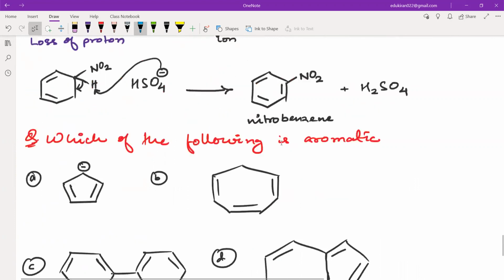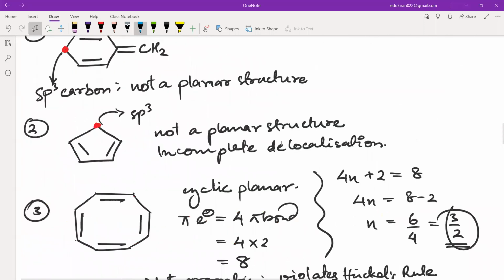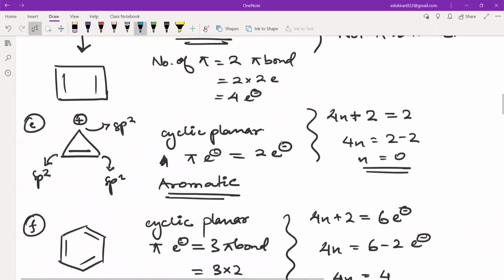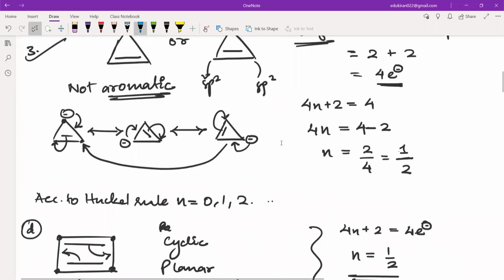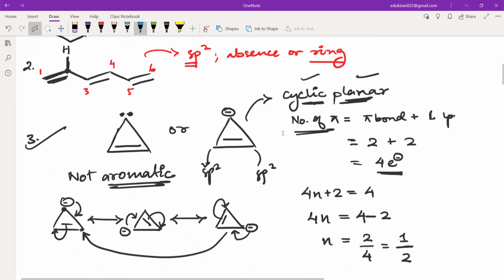Students get a little caught here. I think I did some examples, did I not? Did you write this example? Yes, sir, cyclo. Okay, so how many pi electrons will there be in this case?